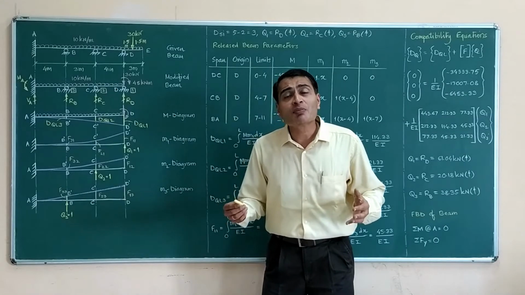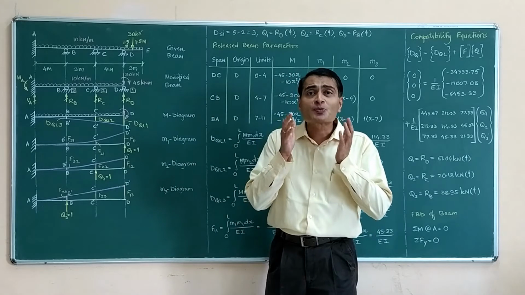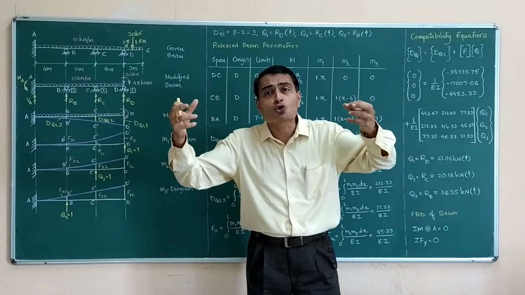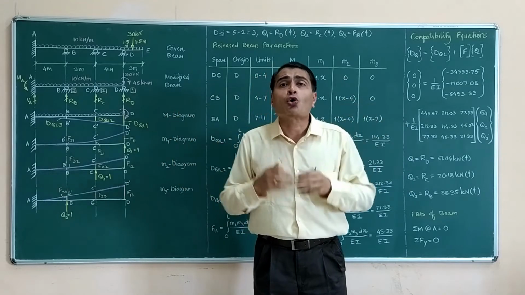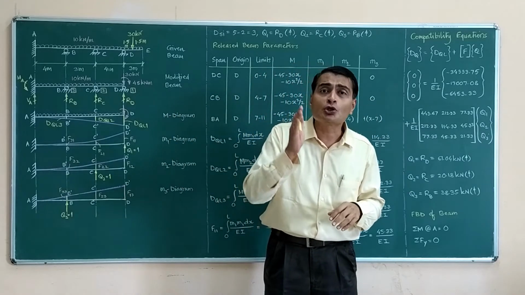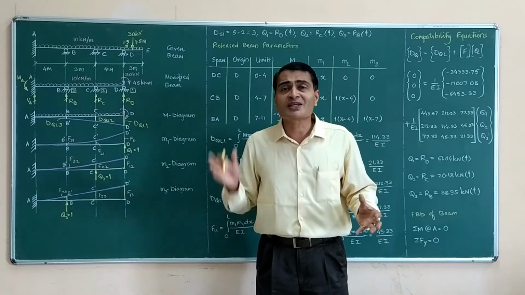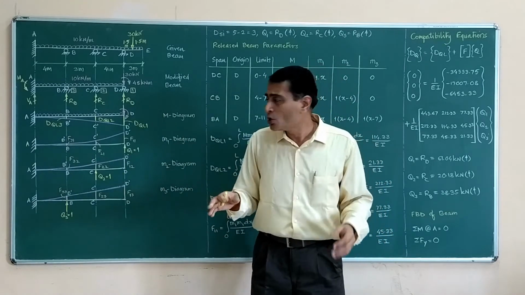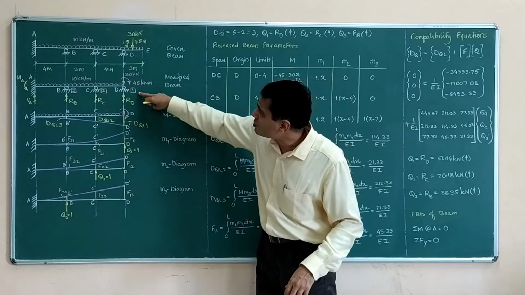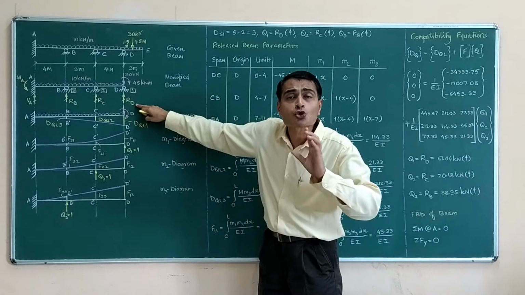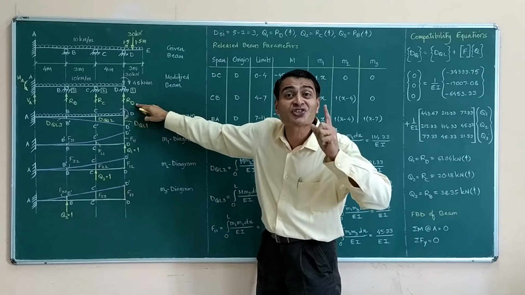Then I am showing in my diagram the displacements due to loads, gravity loads, original span loads corresponding to Q1, Q2 and Q3, the redundant forces. That is RD, RC and RB. So please observe, this is my node 1, this is my Q1, Q1 is a force. So corresponding displacement is deflection.